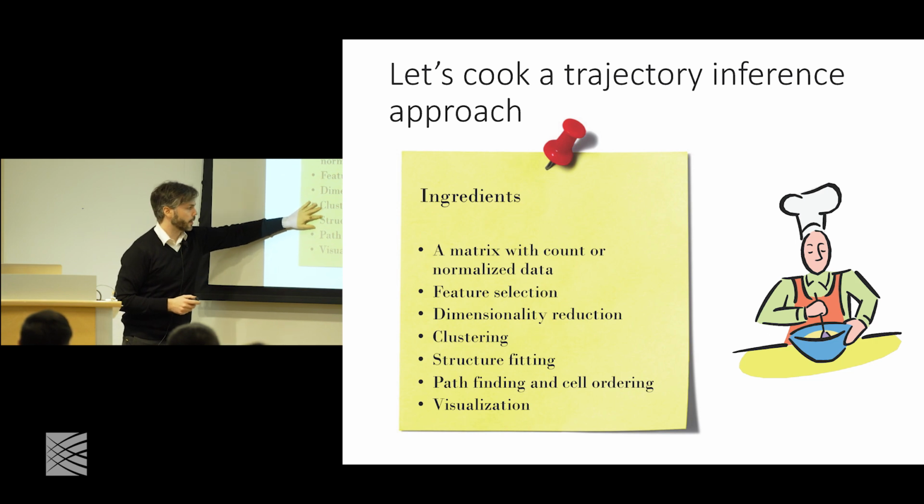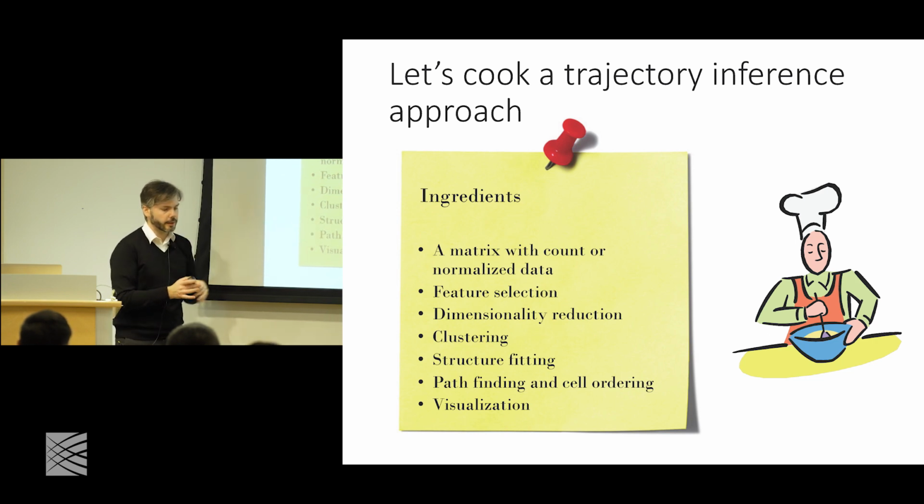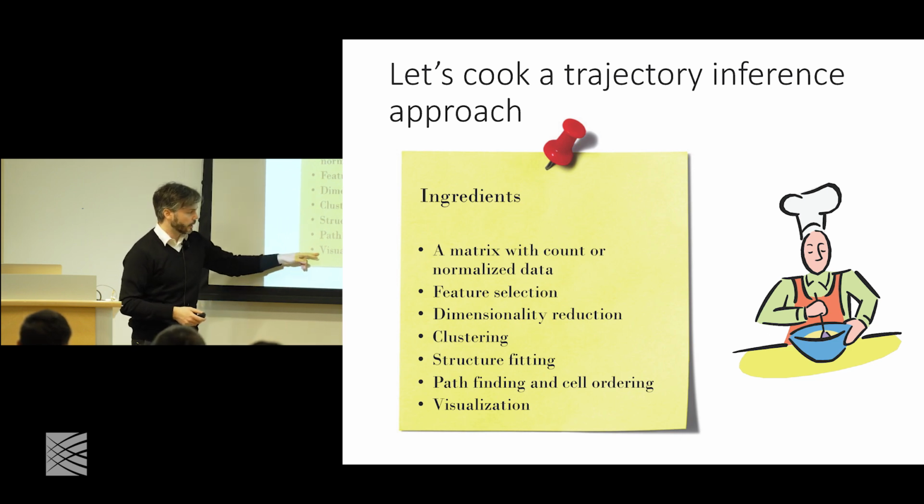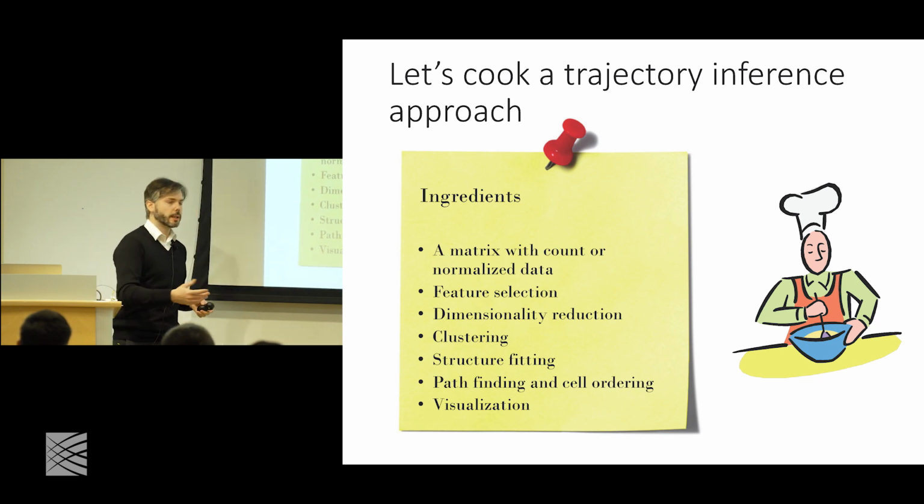And then related to this, there is some path finding. As soon as you have the structure, you can reorder the cells, and you can define what the path is. And Huidong will show you some visualization. And we believe this is really important because if you are in more than 3 dimensions, you can't really plot your space.